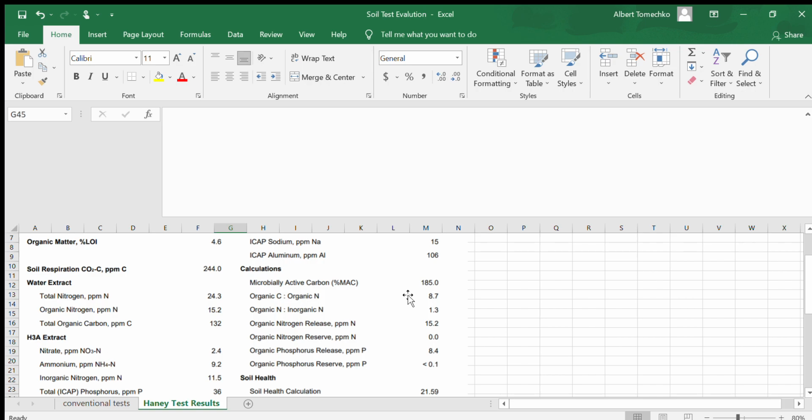So I'm at 8.7, which is in the good range. I would say I probably need to add a little more carbon to increase the amount of food, to make sure that nitrogen isn't being consumed either.